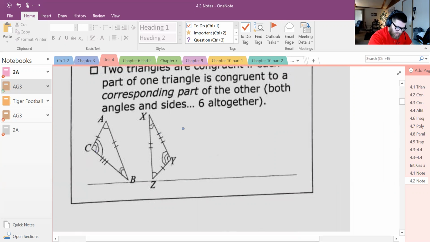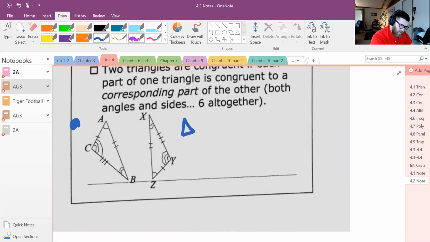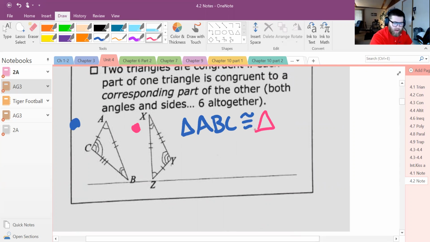For example, if I have triangle, this will be blue and this will be pink. If I have triangle A, let's call it B, C, is congruent to triangle. Now, what letter do I start with? Well, I started with A on my first triangle.